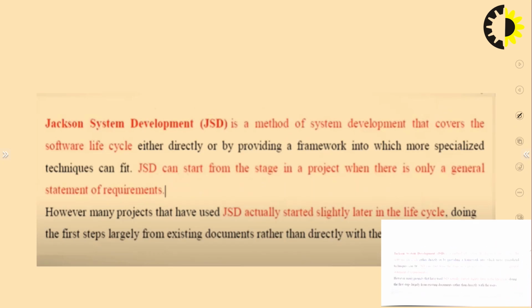Jackson System Development is a method of system development that covers the software life cycle either directly or by providing a framework into which more specialized techniques can fit.